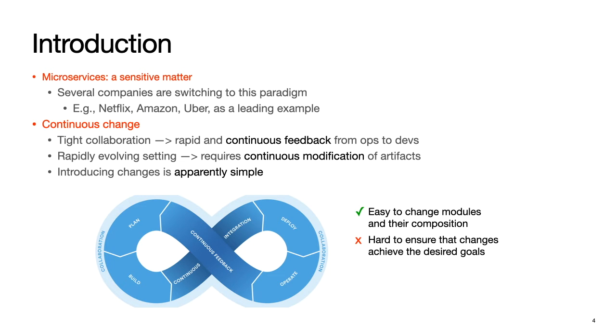On the one hand, it's very easy to change modules and their composition in order to define the system as a whole. But on the other hand, it's very hard to ensure that these continuous changes achieve the desired goals in terms of requirement satisfaction, and more in general, functional and non-functional quality attributes of the final product that we deliver to final users.